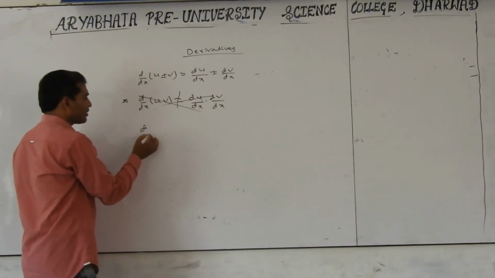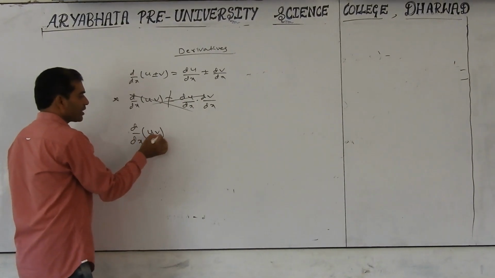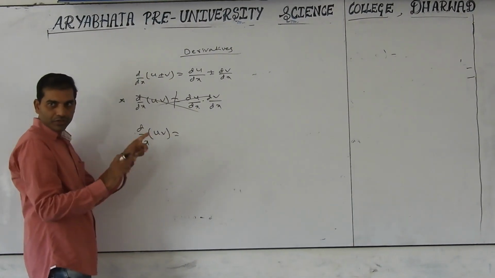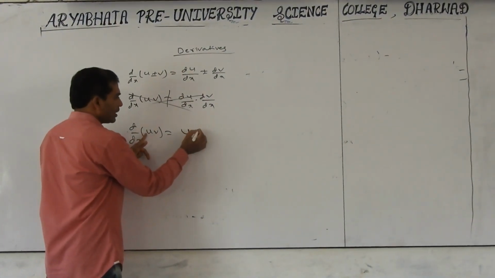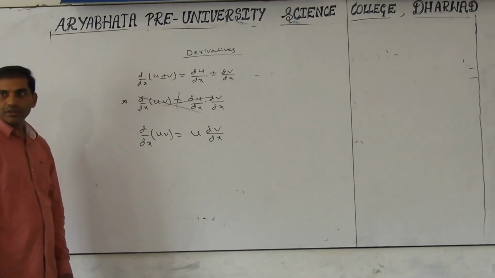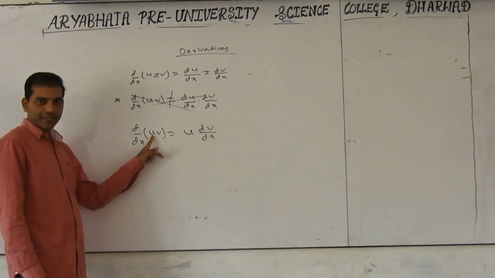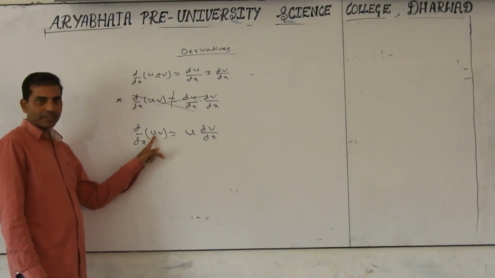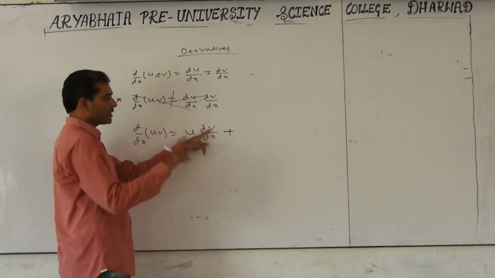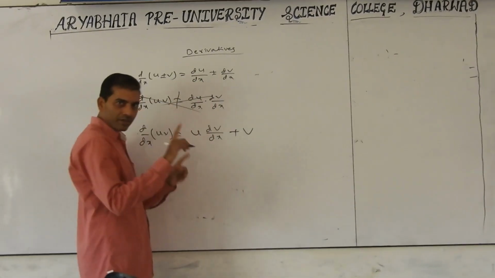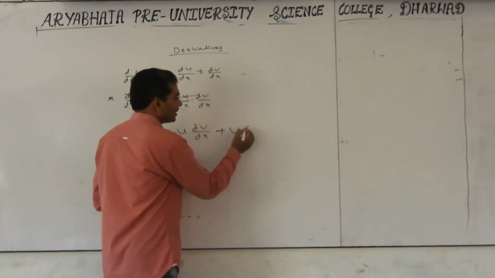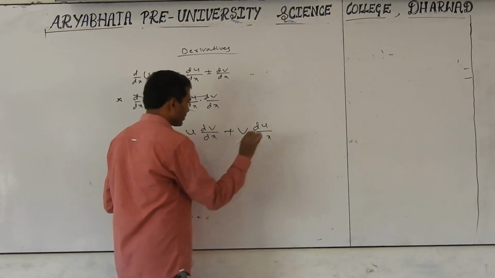So the formula for d by dx of u into v is this. Out of two functions, take any one and consider it the first function: u into dv by dx. Consider the first function as a constant, and differentiate the second, v. Plus, the one you took as the second function, consider v as a constant and apply differentiation to u, du by dx.